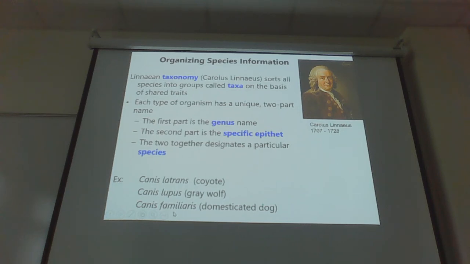So the first epithet in the name of a species represents the genus. Okay, and in a minute here we will look at the hierarchy of taxonomy. The second epithet identifies the species. So this binomial nomenclature you must know for me.